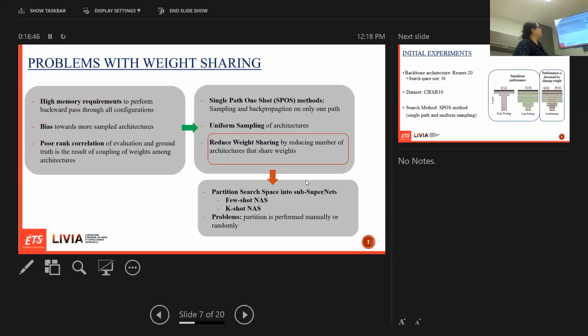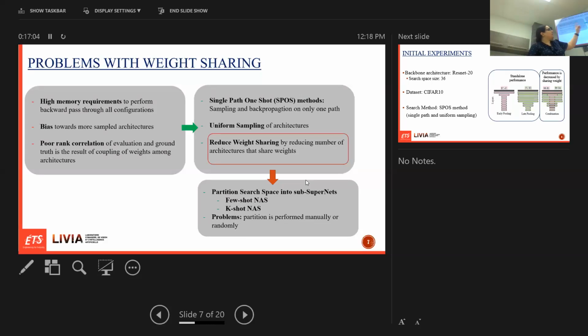There are some known problems with weight sharing. One of them is that when we train the whole SuperNet together, we have high memory requirements because we have to do a backward pass through everything, the whole search space.